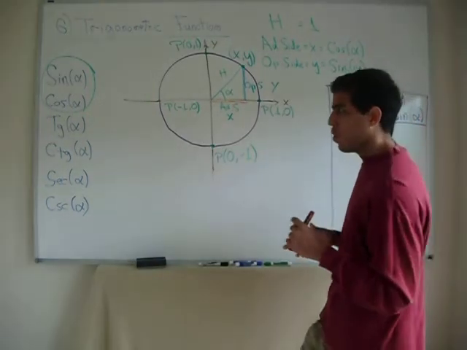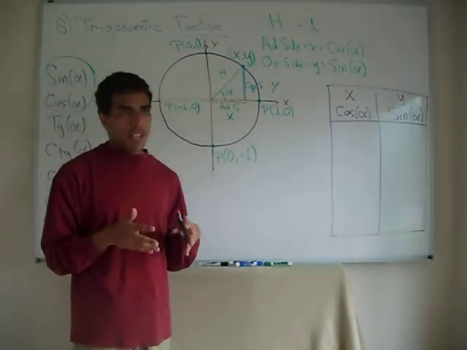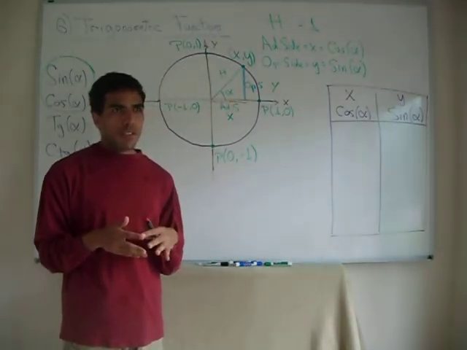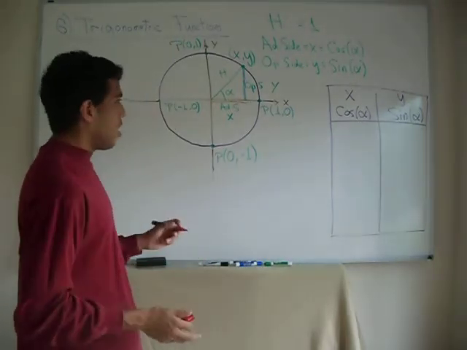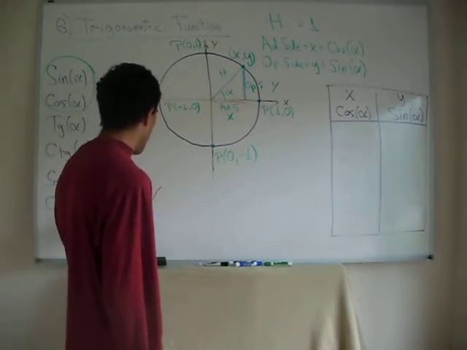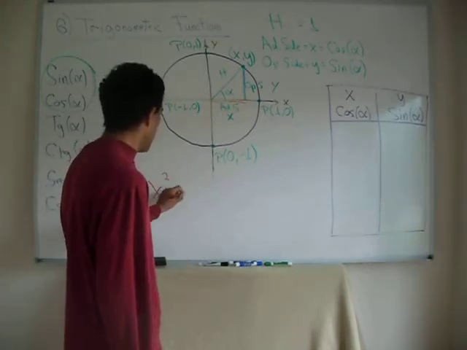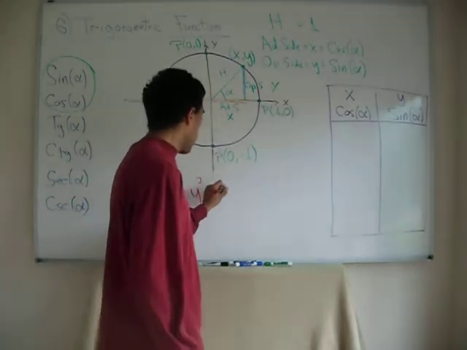How good are you with the equation of a circle? Do you remember the formula that expresses a circle? Well, if not, I'm going to write it right here. A circle, mathematically, is expressed the following way: x squared plus y squared equals r squared.